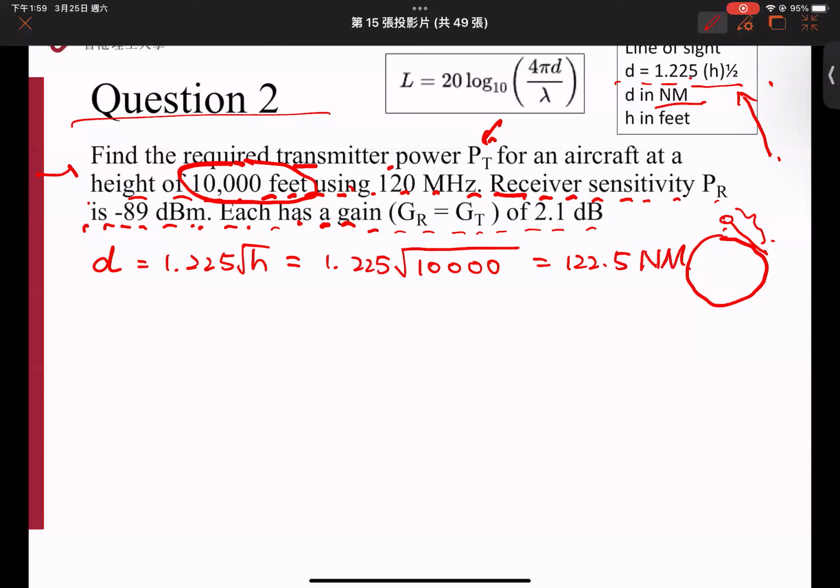If you're going to calculate something related to the speed of sound, speed of light, or other terms, they usually use meters. So they are different, and you need to convert it into meters. To do so, we need to multiply with the conversion in between.